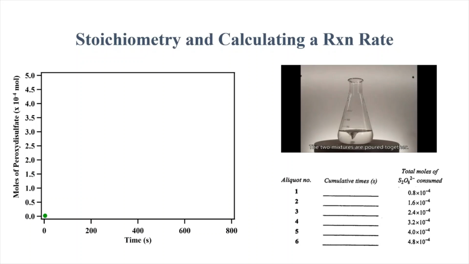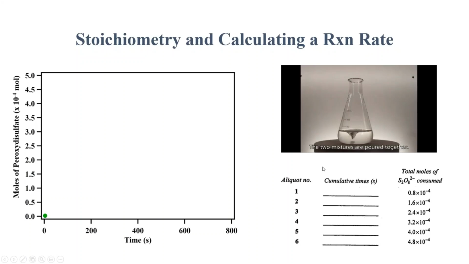So now what we're going to do is plot the time with respect to the number of moles of the S2O8 2- that's consumed. So remember, each time it turns blue, we did the stoichiometry on the last slide. Each time it turns blue, we know that we've consumed 1.6 times 10 to the minus 4 moles of sodium thiosulfate, and by stoichiometry, we know that that is equivalent to 0.8 times 10 to the minus 4, or 8.0 times 10 to the minus 5, which is what I had on the last slide, moles of the peroxydisulfate.